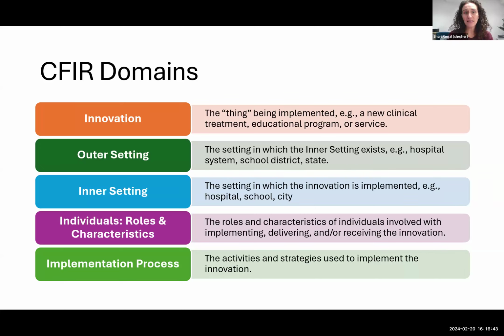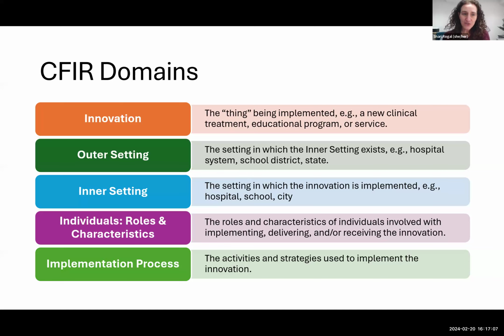And I think about the limits of the inner setting as being the units of randomization if you're doing a trial, the unit at which you could potentially change your strategies, or where you may see a culture change.